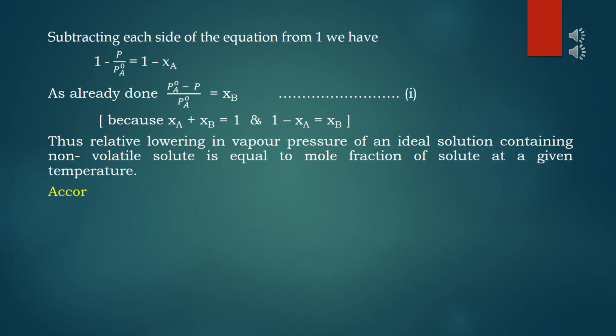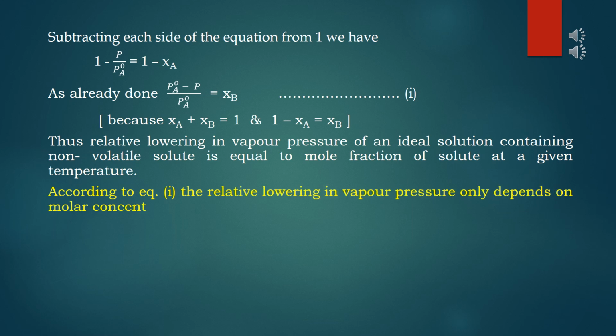So according to equation number 1, the relative lowering in vapor pressure only depends upon the molar concentration of the solute, that is the mole fraction. Thus, it is a colligative property. By studying the colligative properties, we can determine the molecular mass of an unknown solute.